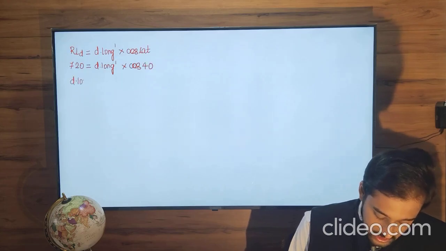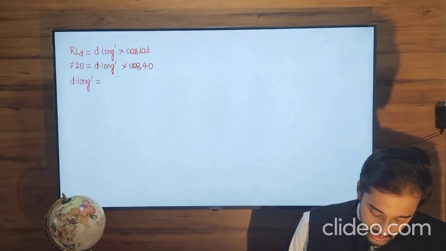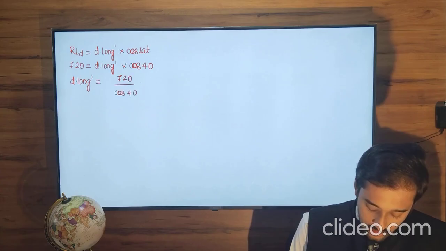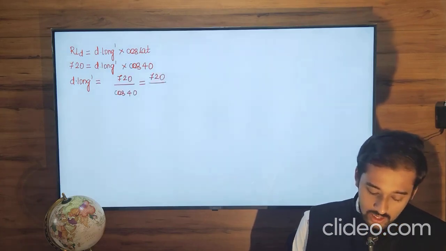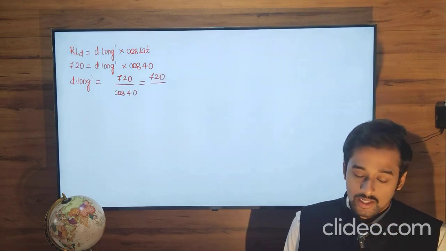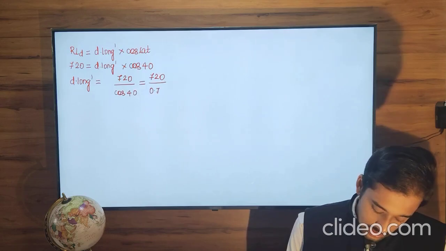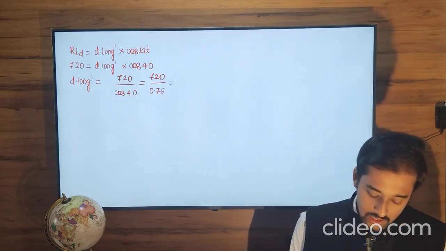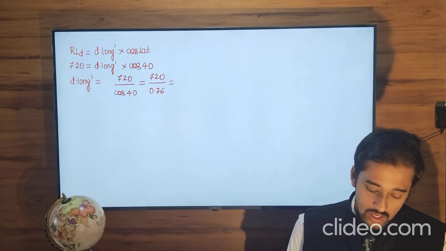So d long in minutes equals 720 divided by cos 40. 720 divided by cos 40, cos 40 is 0.766. So d long in minutes is 939.8.